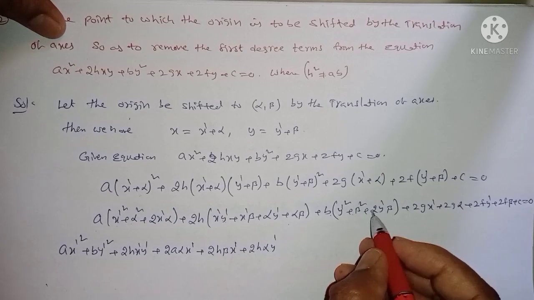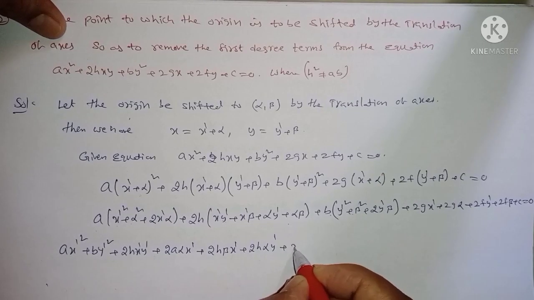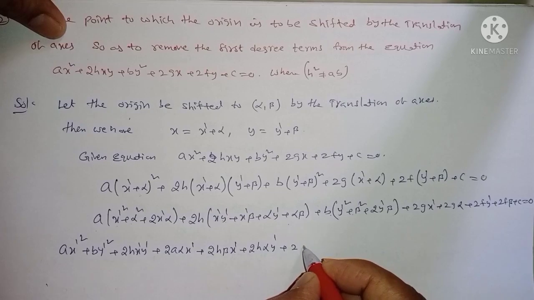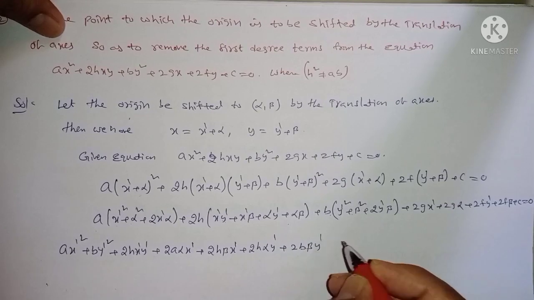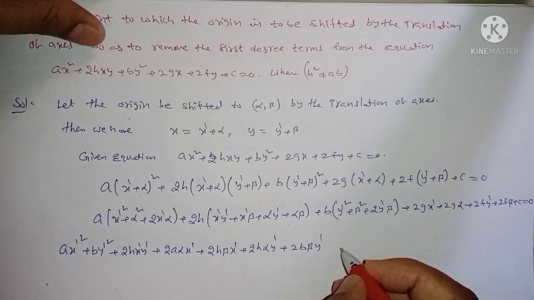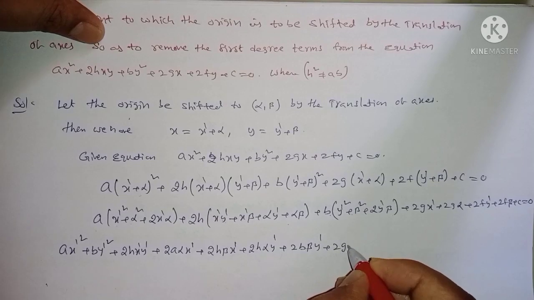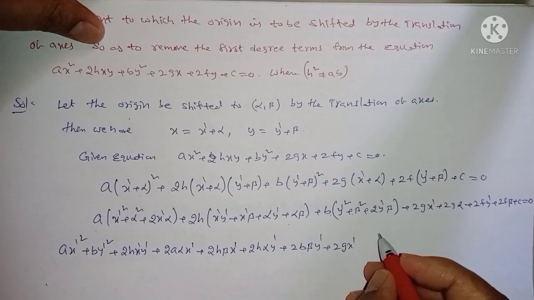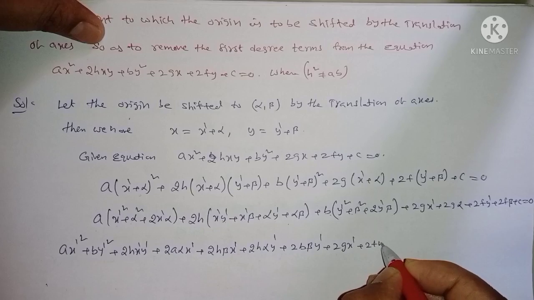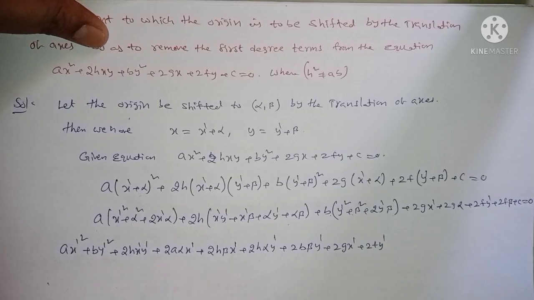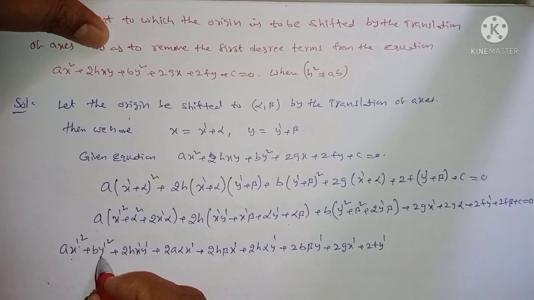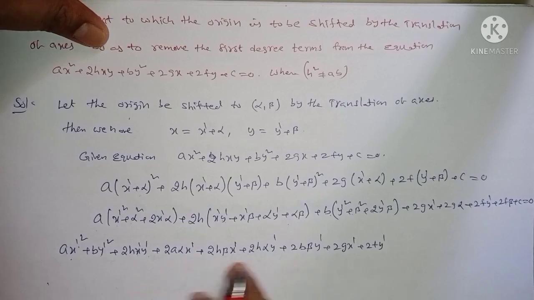Next term is 2b beta y dash. Next, 2g x dash, 2f y dash. You are writing first the x dash square terms, y dash square terms, x dash and y dash terms, and the x y combination in total.